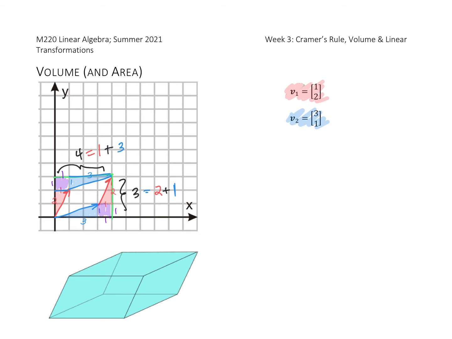Here's what we're going to do. The outer area, the outside area, is that 1 plus 3 times our 2 plus 1. Okay? And then we're going to subtract out of it all of those things that I highlighted.